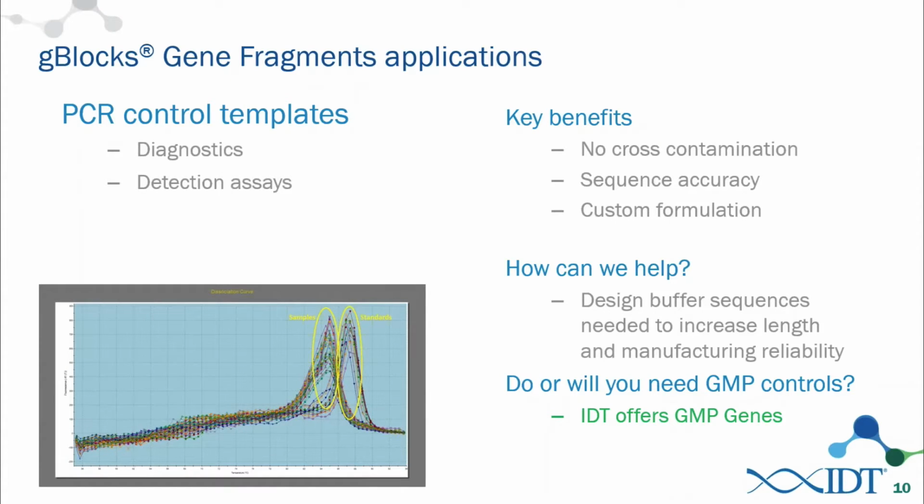Another application of gBlocks, and one that is quite popular, particularly in the diagnostics and detection space, is that of a PCR control. And we design a wide range of PCR controls made from gBlocks. I think one of the real advantages really comes in when you're talking about using controls for multiplex PCR.